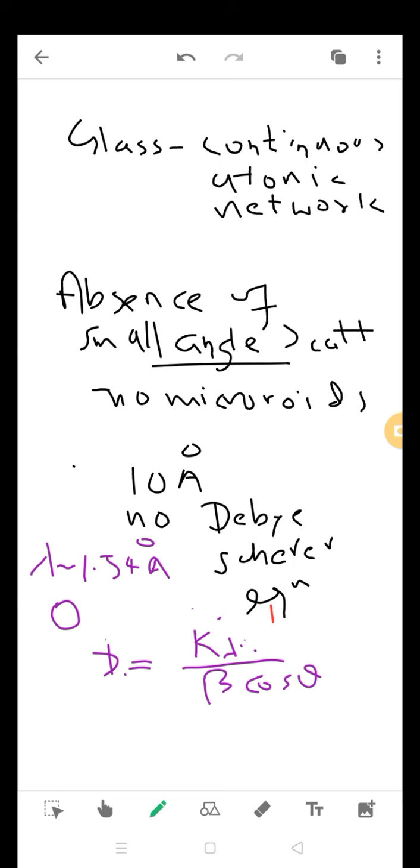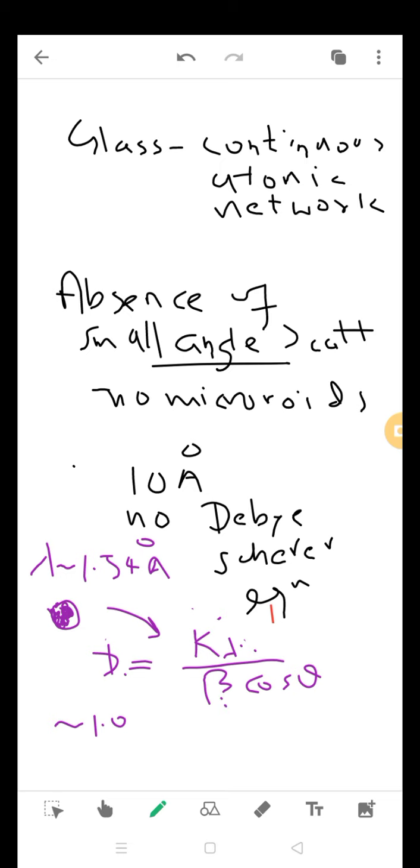We assume it because a sphere has the lowest surface area and is supposed to be the most stable shape, so for considering all the crystallite sizes of this shape, we had to introduce a shape factor which is called K, and the value is very close to 1 or 0.9 something.